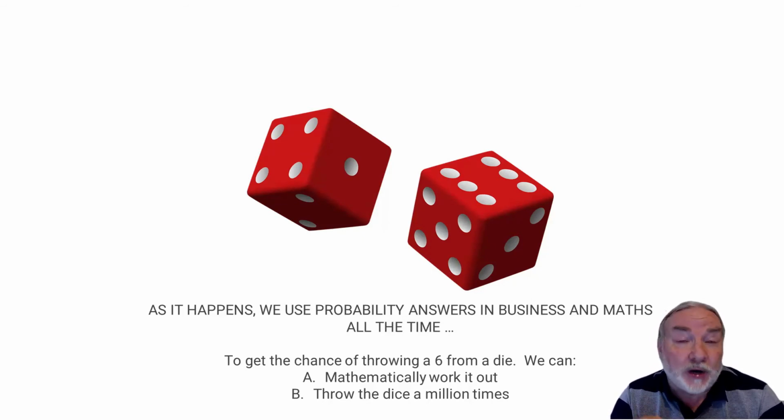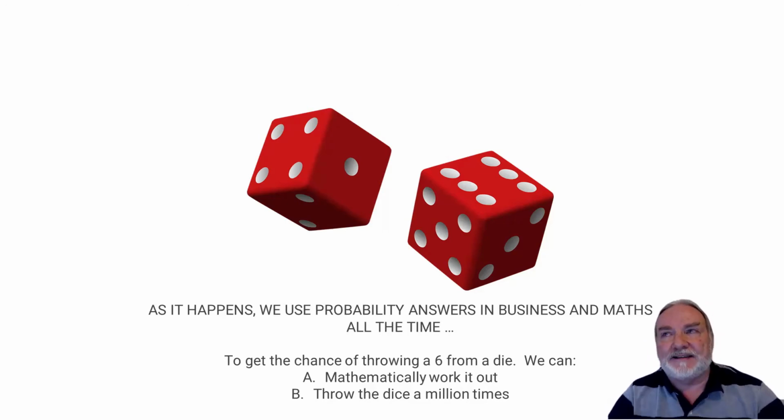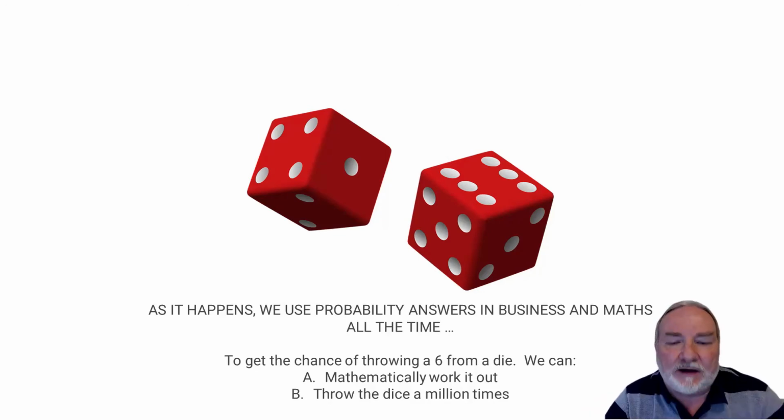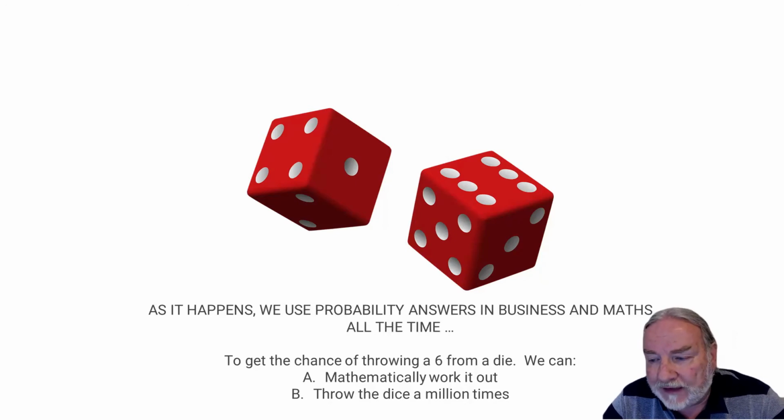And you probably think now, well, that's not what I want, I want the exact answer. But you would be surprised how often in mathematics and the world of commerce, probability does the really, really big calculations. It's like me saying to you, can you tell me the chances of me throwing a 6 with a normal die? You might say, well, it's 1 in 6.